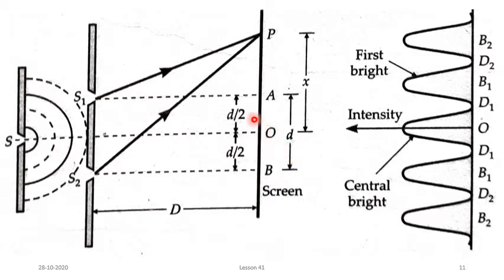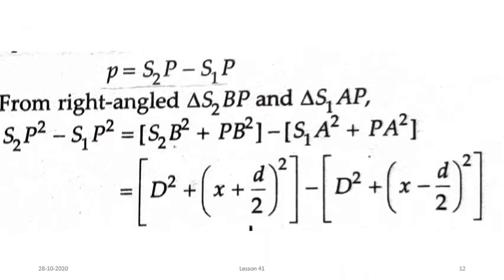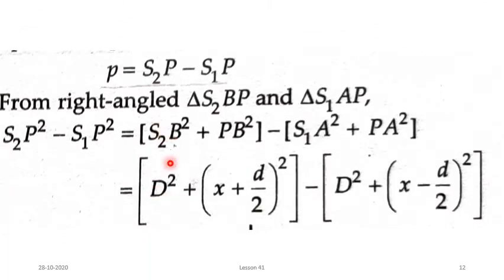So this slit separation can be divided into two parts, each of length d by 2. So my PB will be the distance of P to O, which is x, plus this length, which is d by 2. So I can write S2B square as D square and PB square as (x plus d by 2) whole square.